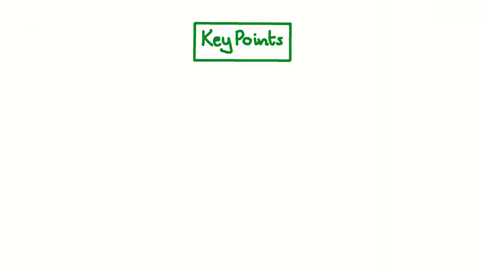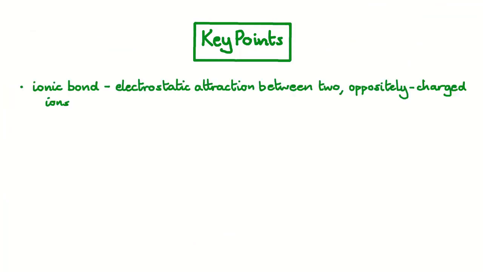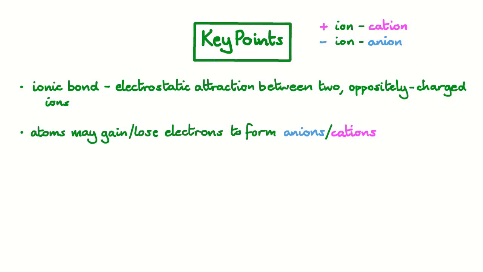To finish off, let's have a look at the key points. An ionic bond is the electrostatic attraction between 2 oppositely charged ions. A positively charged ion is known as a cation, and a negatively charged ion is known as an anion. When atoms react, they may gain or lose electrons to form anions or cations.